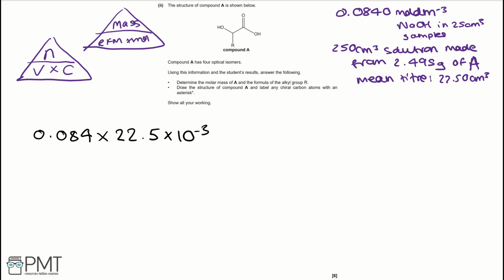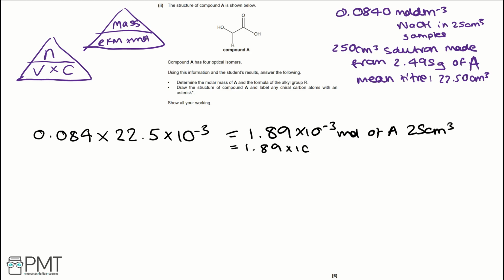Centimeters into decimeters cubed, you need to times the centimeters cubed by 10 to the negative 3, or divide by 1,000. That gives us 1.89 times 10 to the negative 3 moles of A in 25 centimeters cubed. So that means that it's 1.89 times 10 to the negative 2 moles of A in 250 centimeters cubed.